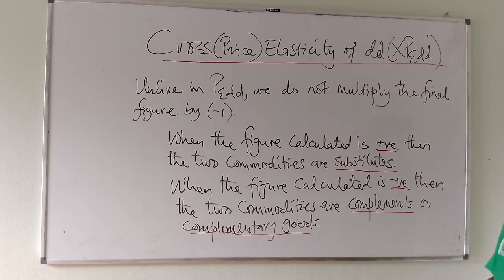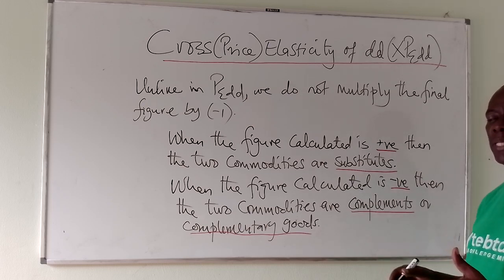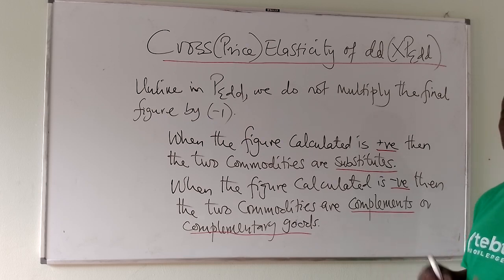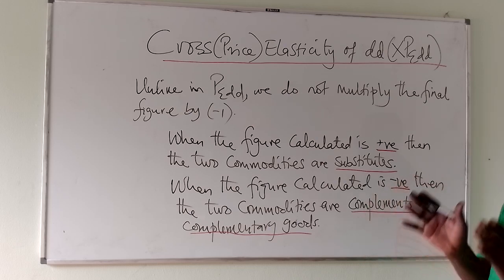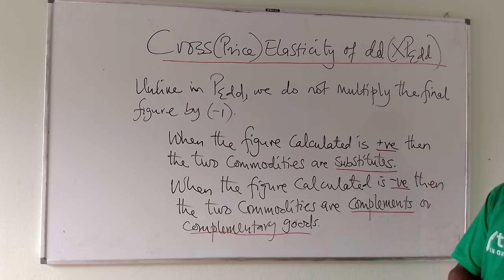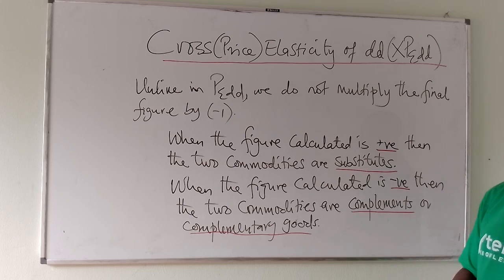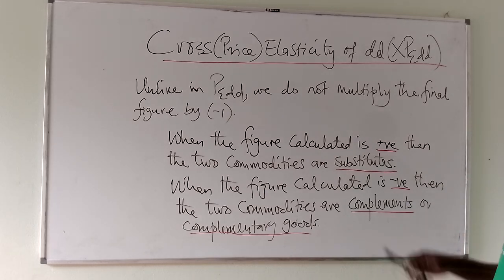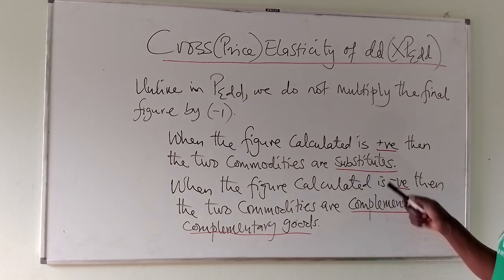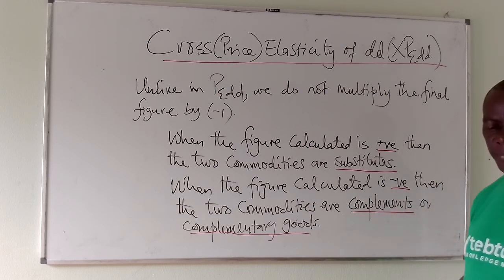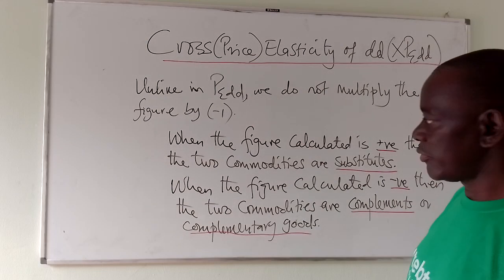Don't add on and say the answer is negative, so they are substitutes. No. The question is, what is the relationship between the two commodities, X and Y? You just say both commodities are substitutes, or both commodities are complements or complementary goods. Only that. But you don't come to conclude that without calculating and getting the figure.